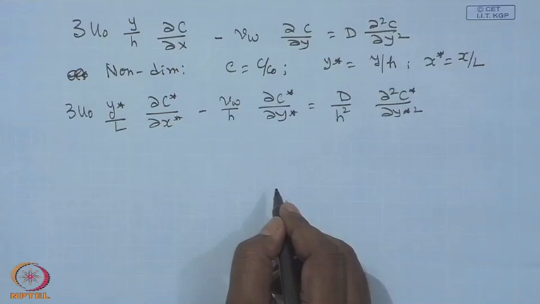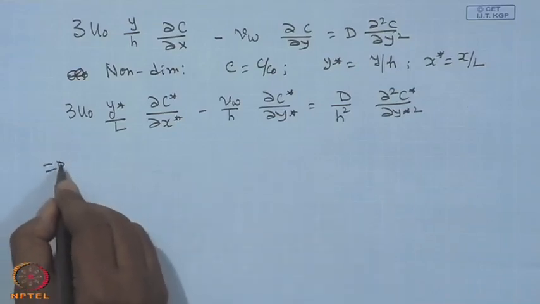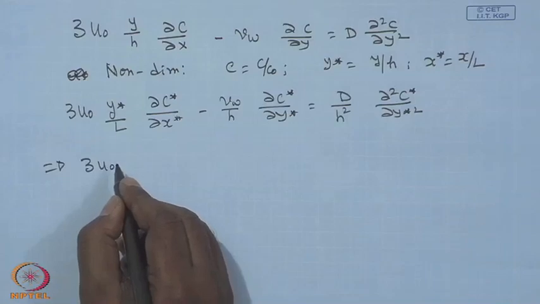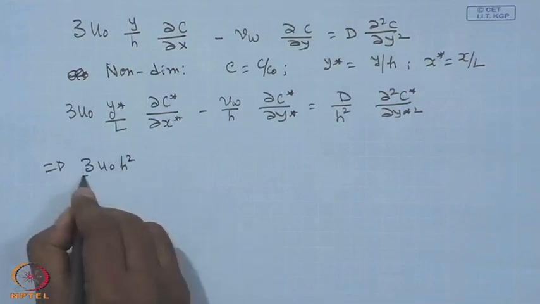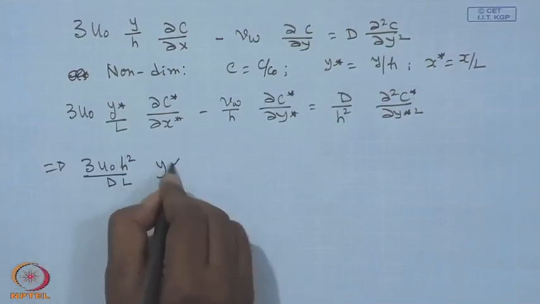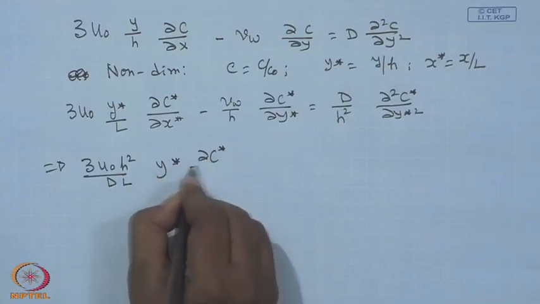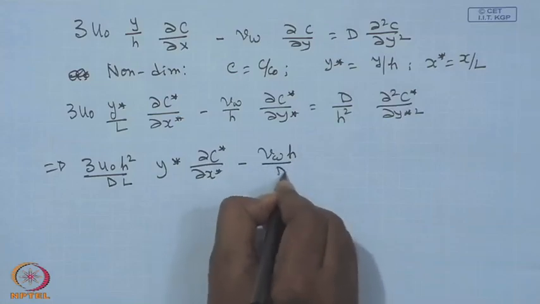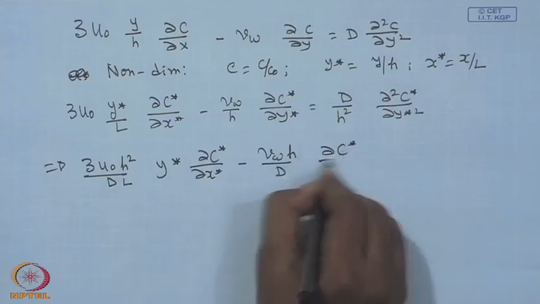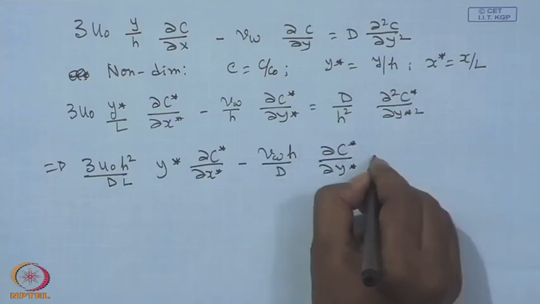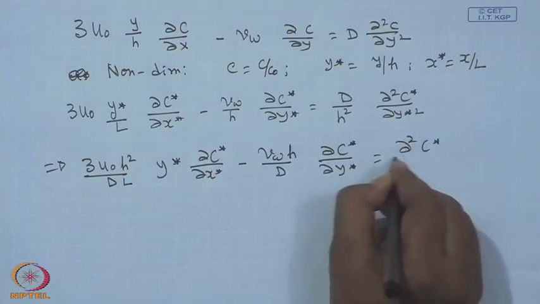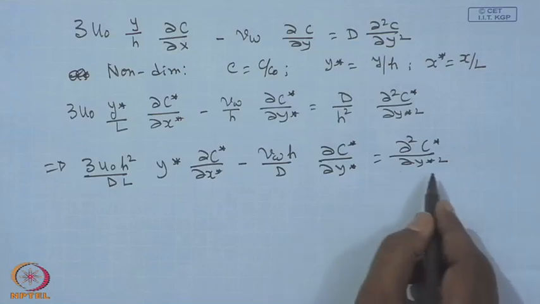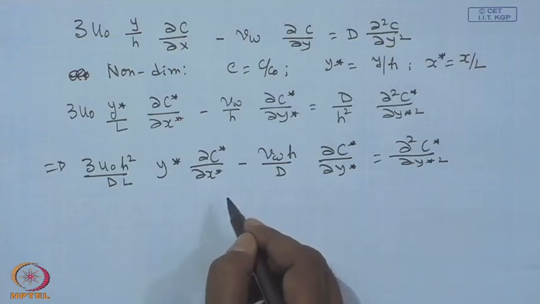Then we multiply both sides by h square by D and see what we get: 3 u 0 h square by D L times y star del c star del x star minus V w h over D del c star del y star is equal to del square c star del y star square. The right hand side is completely non-dimensional. There are 2 terms on the left hand side.